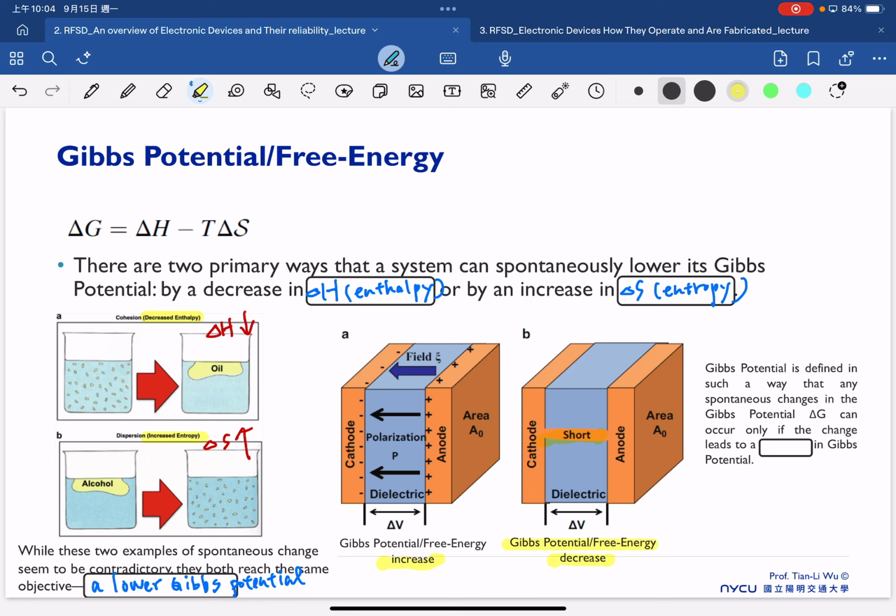So now you can understand why reliability issues are always happening, because in the end the system wants to achieve the lowest Gibbs potential. In this case we get the failure, the degradation, the reliability issues. So Gibbs potential is defined in such a way that any spontaneous change can occur only if the change leads to a reduction in Gibbs potential.